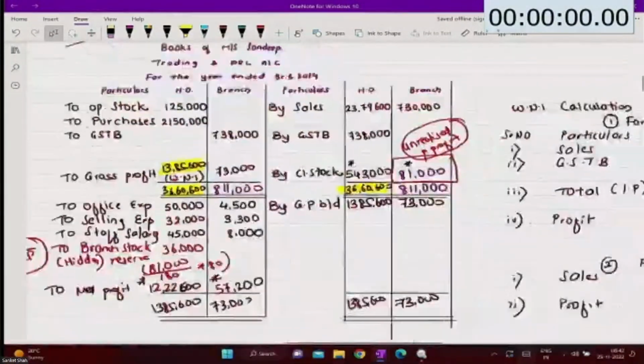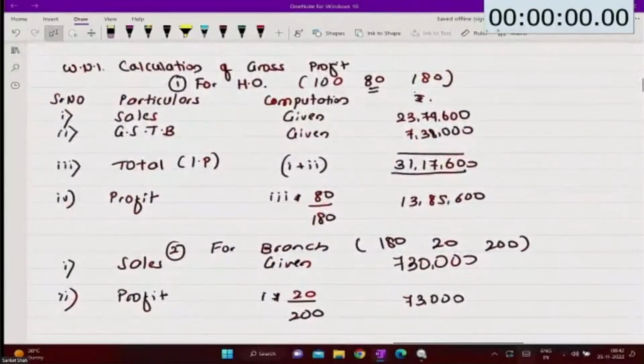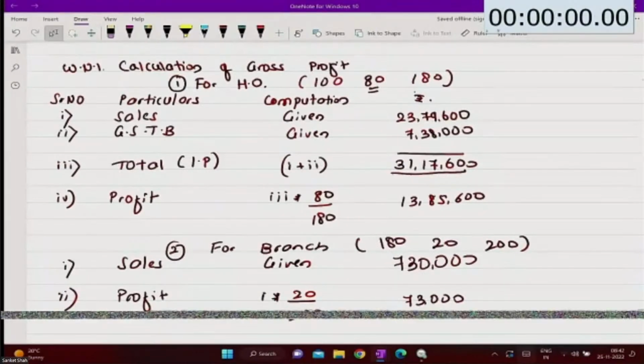Chalo. And this is the working note. But are you finding this easy? Yes.